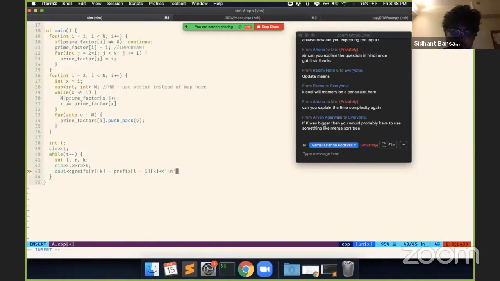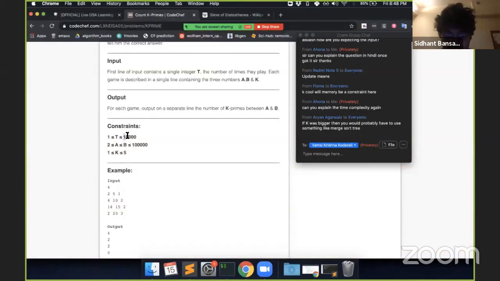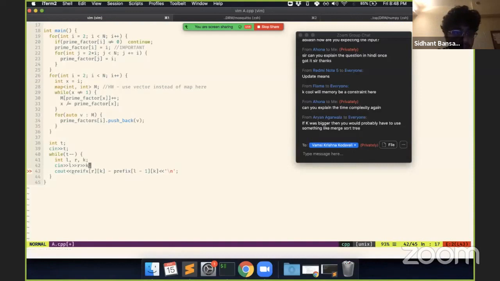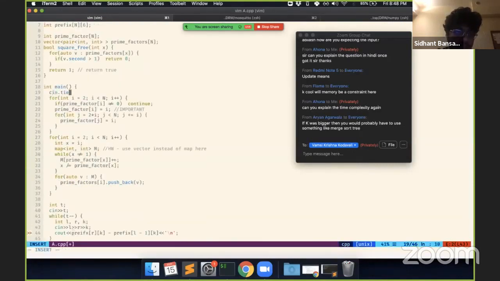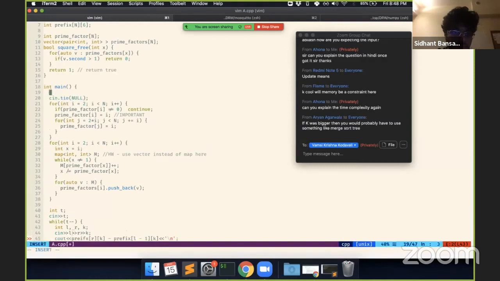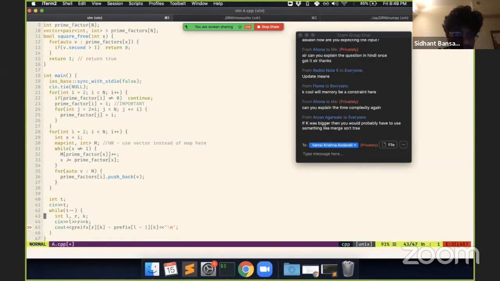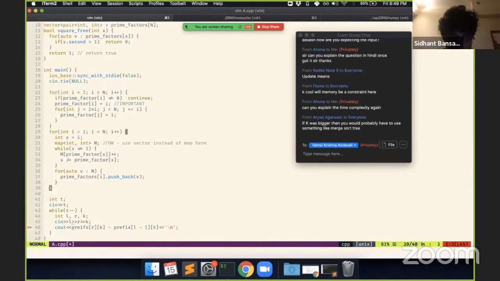And instead of endl, I'll prefer this thing because you're making a lot of prints. Also, that's just fast IO.